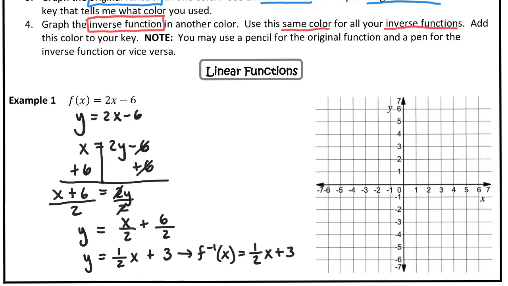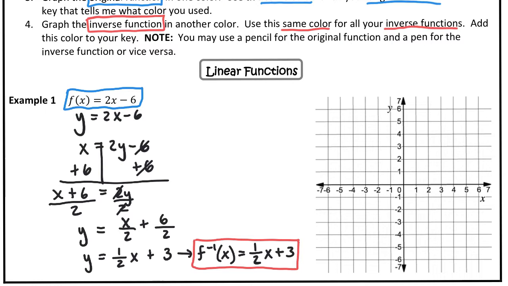So remember I said I was gonna color code, right? So the original function I'm gonna graph in blue, and the inverse function I'm gonna graph in red.